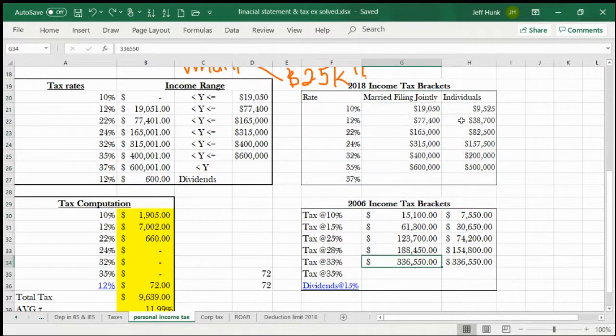Anyone making, this is the individual schedule, individual filing as a single person. Anyone making above 336K was subject to the 35% tax bracket. But now, how many people are making more than 336?